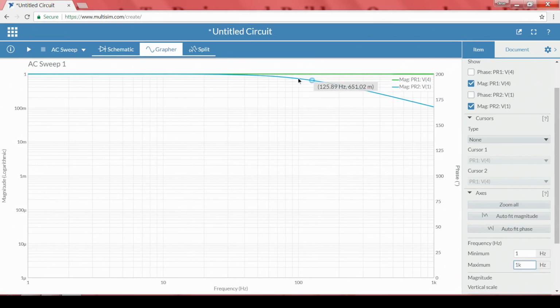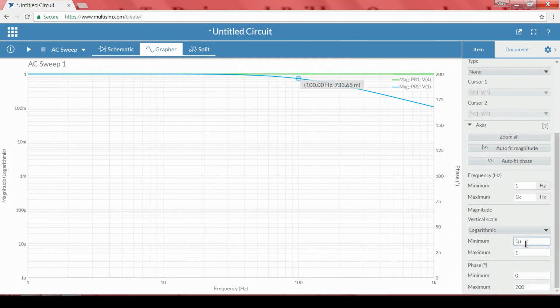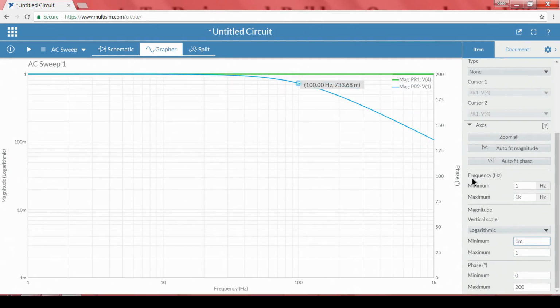Because of the resolution, I cannot see that, or I can zoom the vertical scale a little bit. So, maximum minimum I will say somewhere around 1 milli, right. Now, if I see 125, we can understand that it is somewhere close to 100 hertz, right.